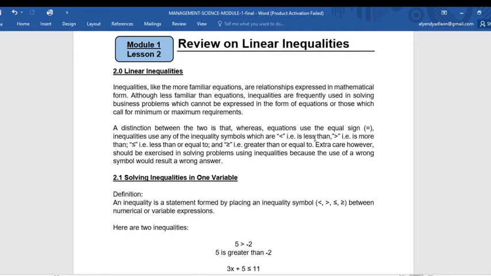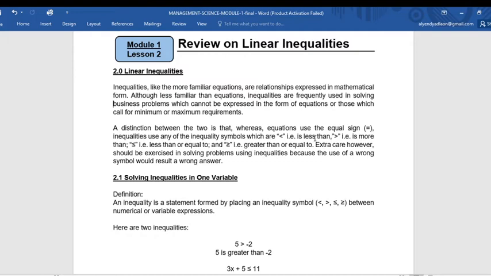Unlike inequalities, which show a non-equal sign, and of course the two sides of the inequality are not equal.